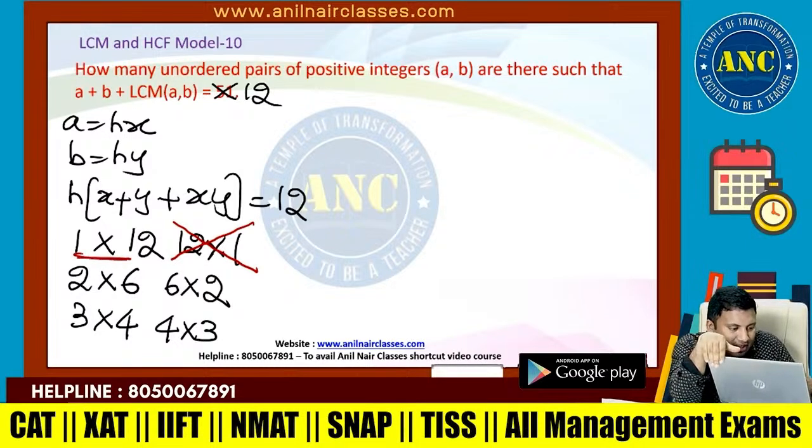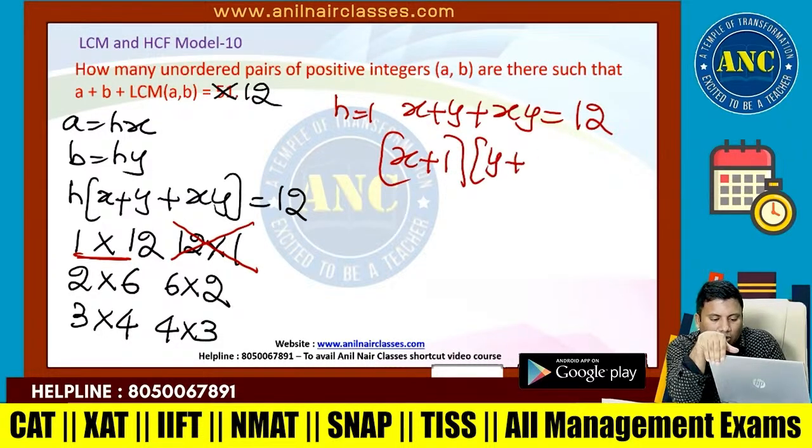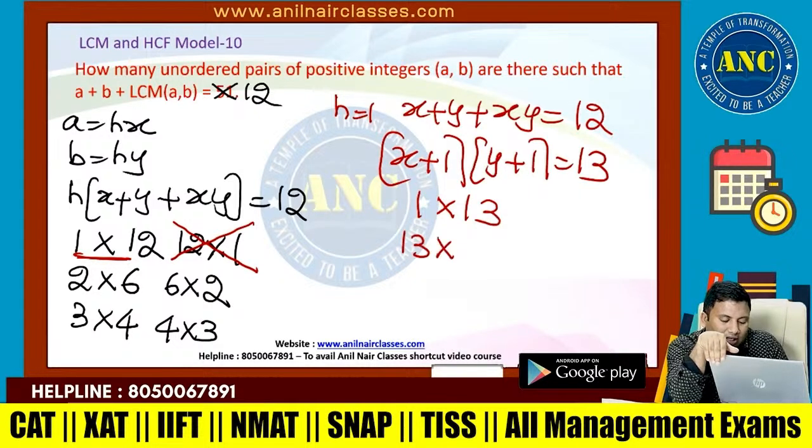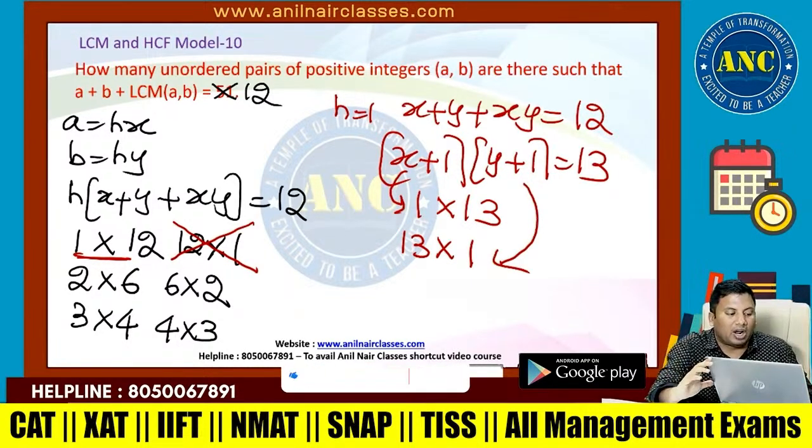If I take this case, if h is 1, x plus y plus xy equivalent to 12, adding 1 on both sides, x plus 1 into y plus 1 is 13. 13 is 1 into 13, 13 into 1. First case x will be 0, second case y will be 0. x and y cannot be 0.